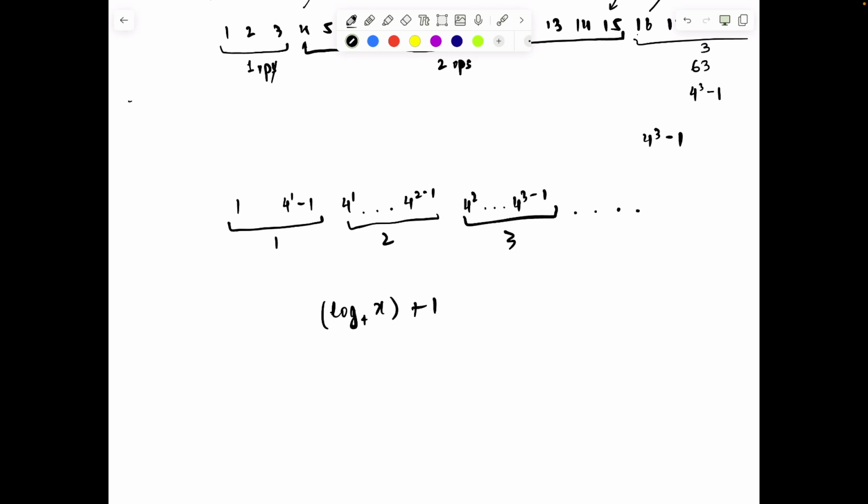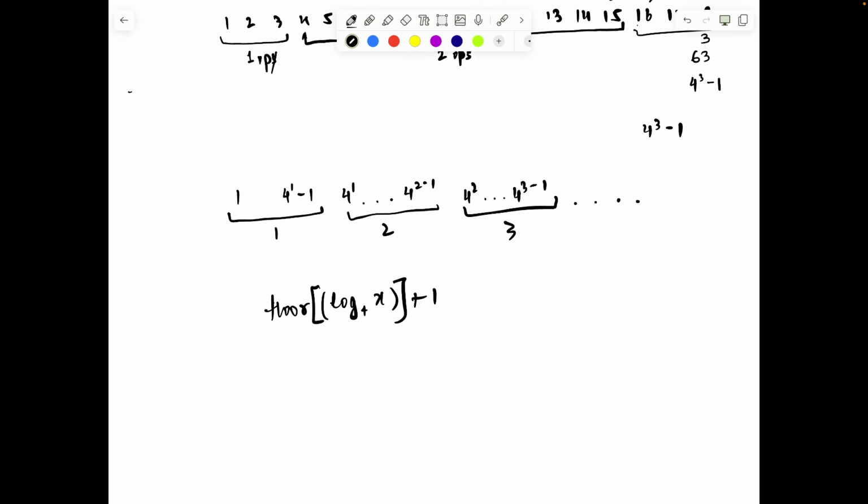For example, if you take 16, log of 16 with base 4 is 2, so you'll require 3. What about 17? 17 will be 2 plus something, so this should be the floor of this number. So this is the mathematical formula which tells you how many operations a number requires to reduce it to 0.